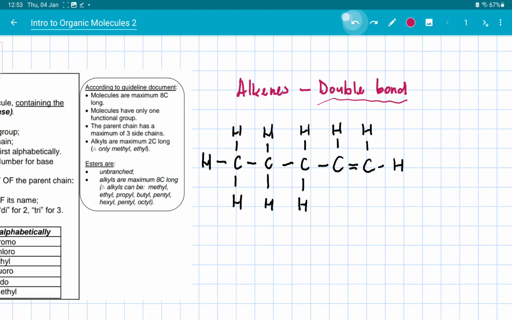However, if I start on the right hand side, the first carbon to contain that double bond is carbon 1. So I'm going to count from right to left: 1, 2, 3, 4, 5.